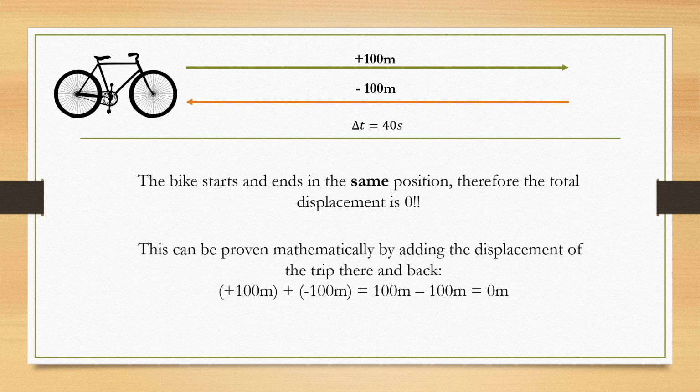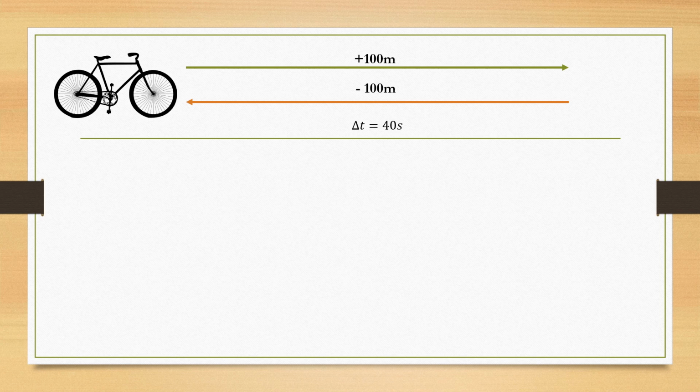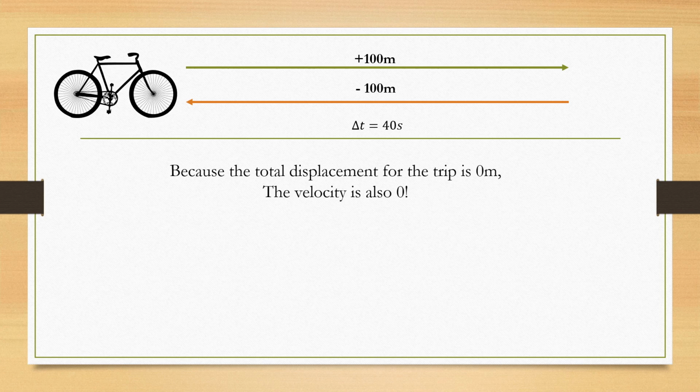So when we add those together, it's just 100 minus 100, which is 0. So that's where we get the total displacement being 0 from. If we use that to find the velocity, we'll find that the velocity is also 0. When we plug those numbers into the formula, we get 0 divided by 40 seconds, which is equal to 0.